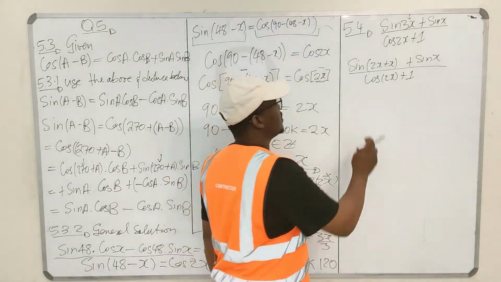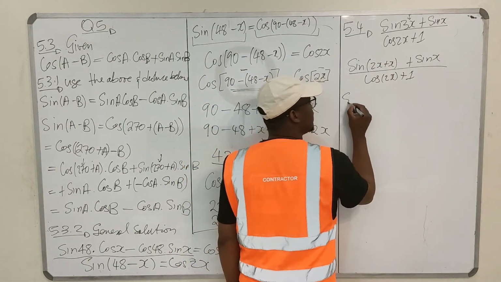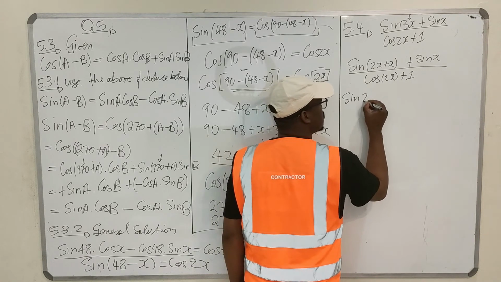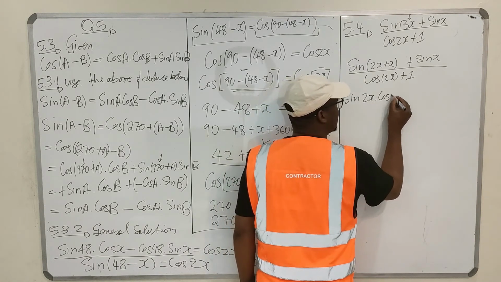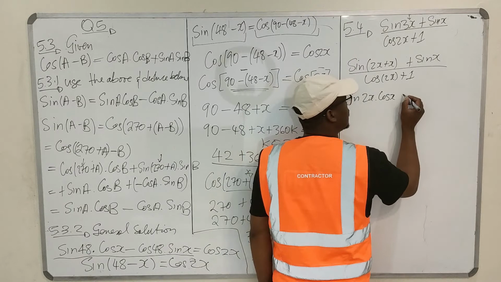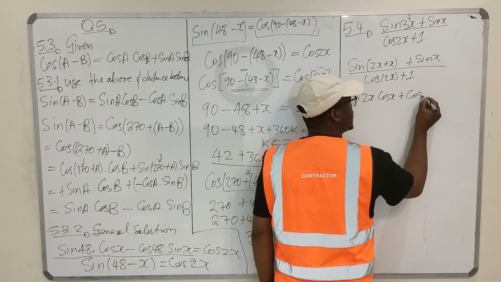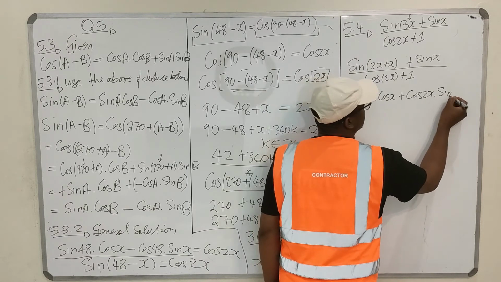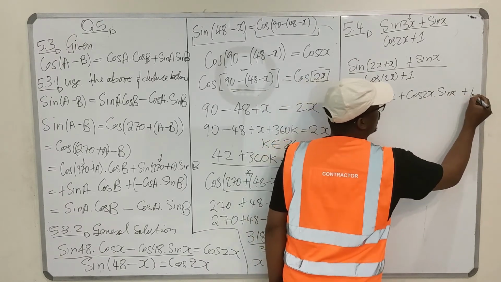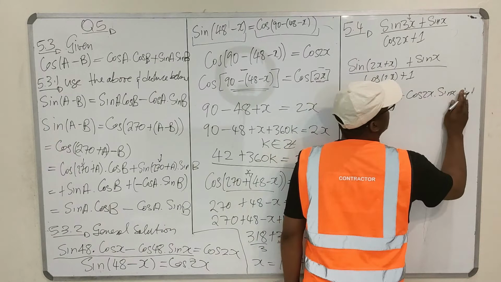Then you expand this compound angle here, it is sine 2x cos x plus cos 2x sine x, then plus 1, plus sine x, which is this one.